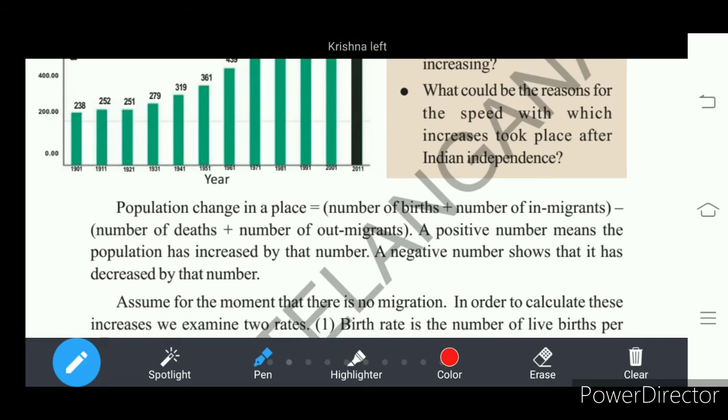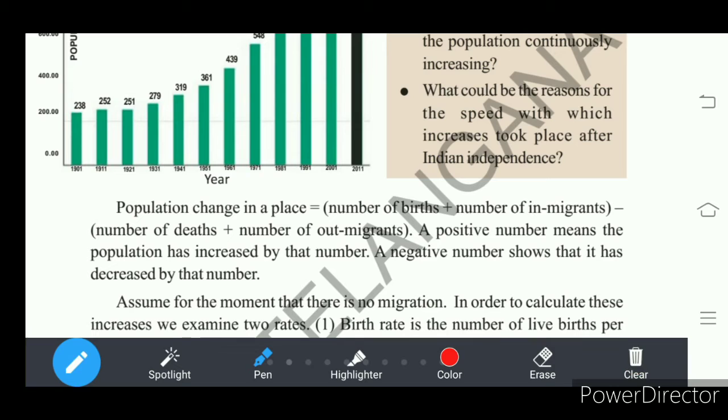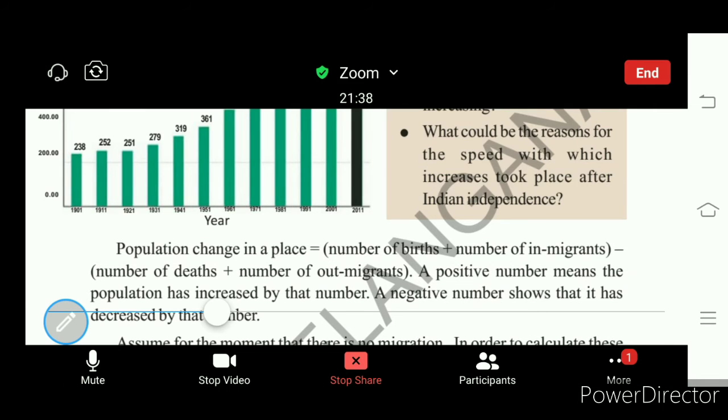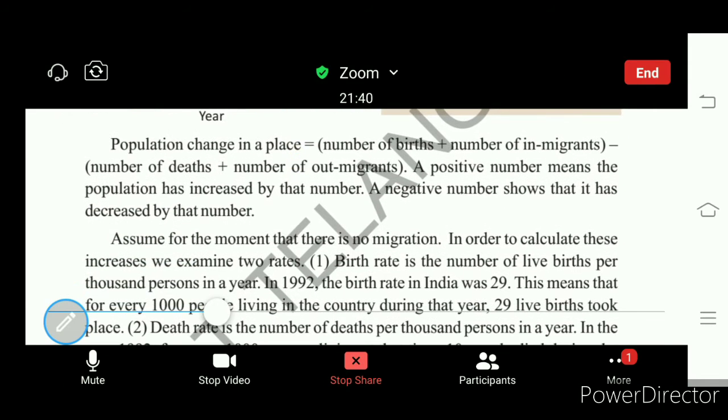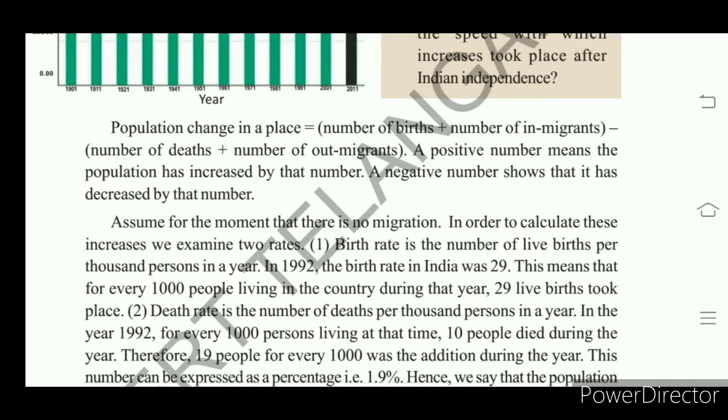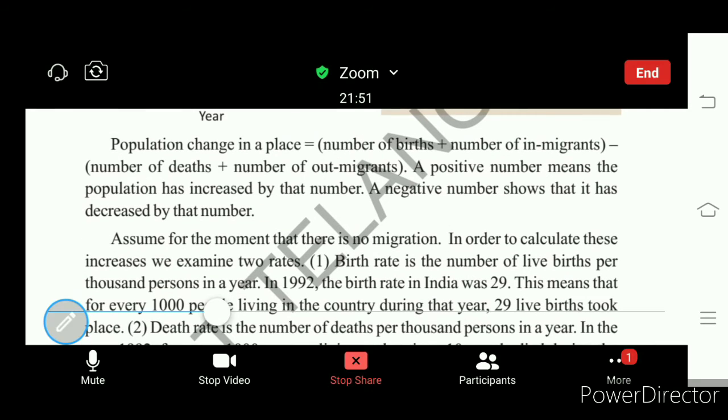Understand? So let's find out what happened to the population in India, taking only two factors, birth rate and death rate. For a moment, we are assuming that there was no migration in India.